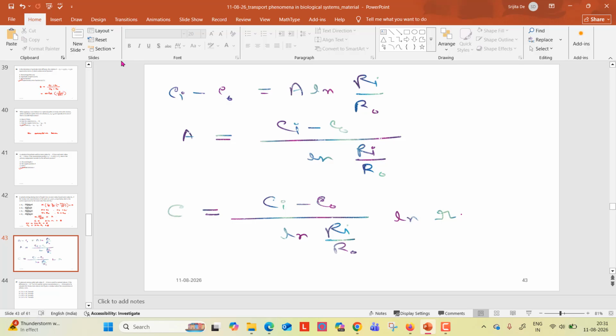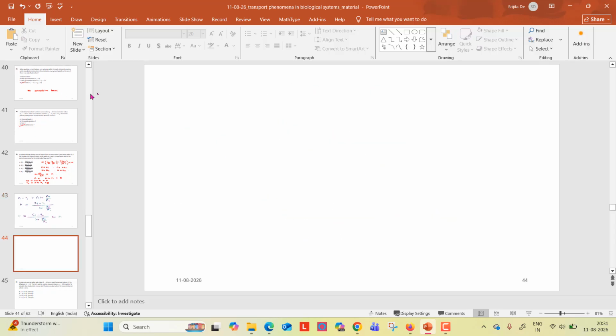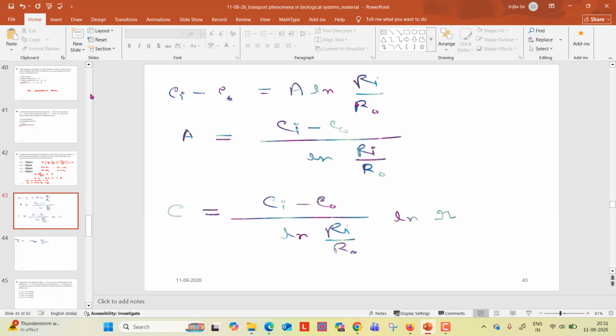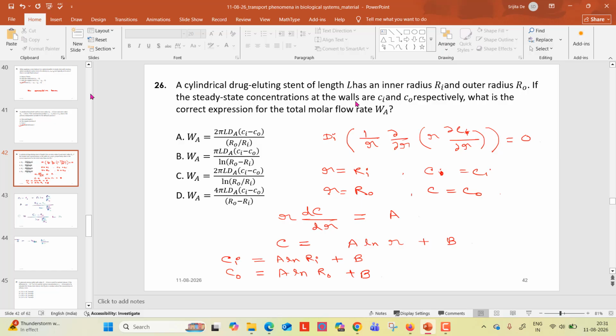Now if you take the flux, J equals minus D dC/dr. The question was for the total molar flow rate, right?